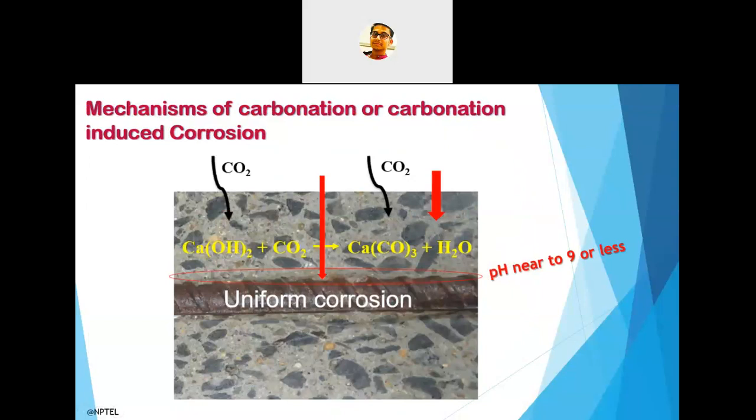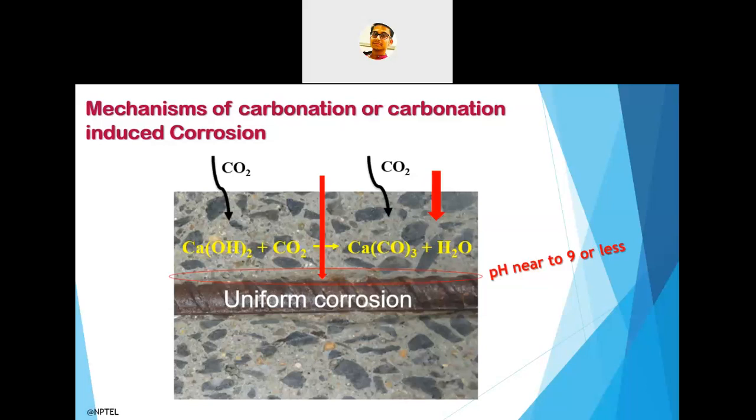As I had mentioned earlier, due to the presence of calcium hydroxide, an alkaline element, the passivity or alkalinity of the concrete is high. But when carbon dioxide enters the concrete, the calcium hydroxide gets consumed to form calcium carbonate. Thus, the concrete becomes acidic in nature.